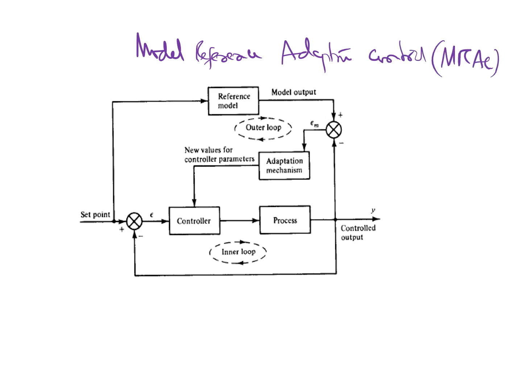So here the problem is we don't know the model. So with the set point, we get one model using the system identification method. So we know the model. Give the set point to the model and it will give the model output. This output is similar to this process. This is the original process, the real-time process.